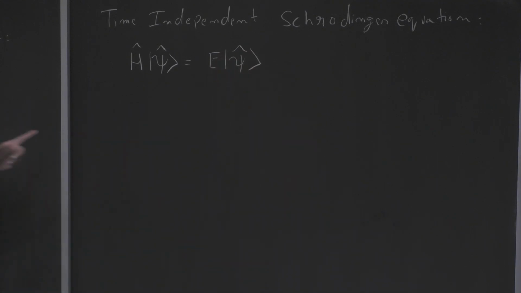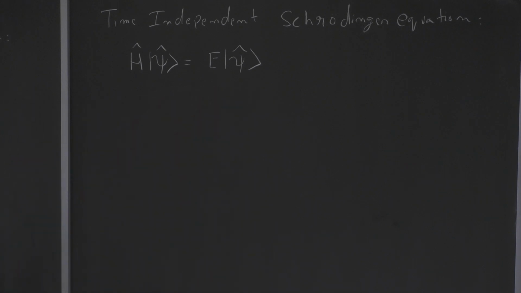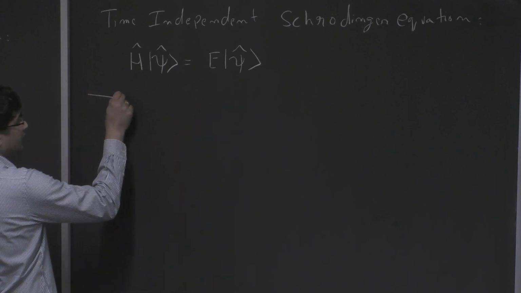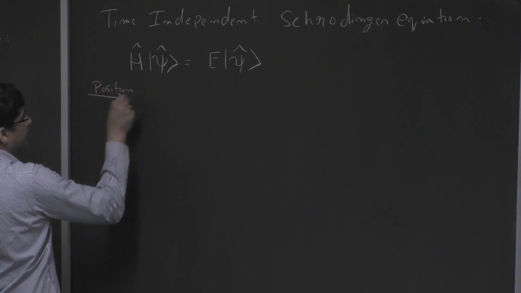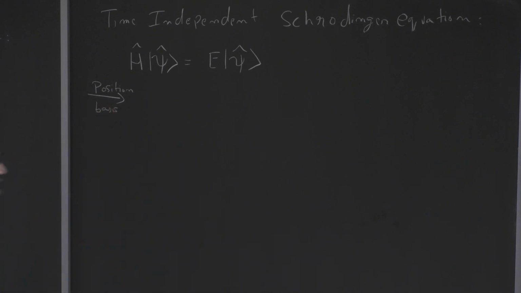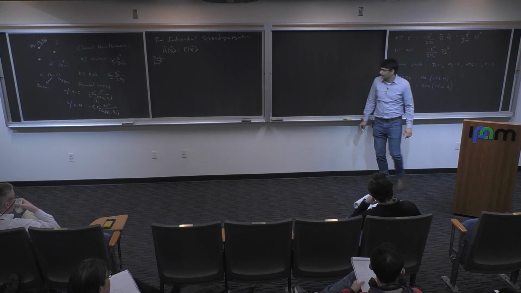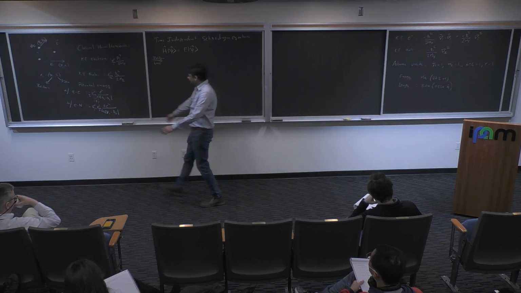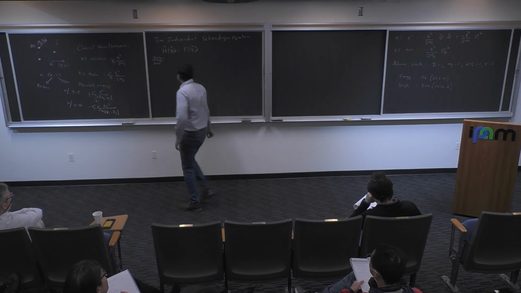Now you can express this abstract eigenvalue problem again in the position basis. When you write this in the position basis, the H is going to be given by these two terms, along with the third term which is behind.